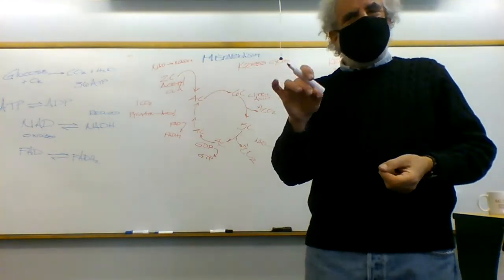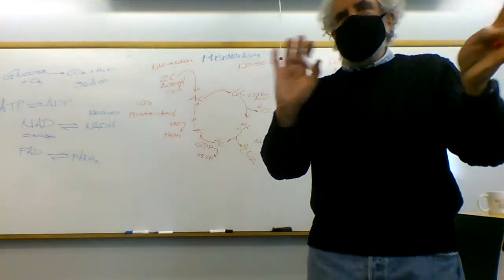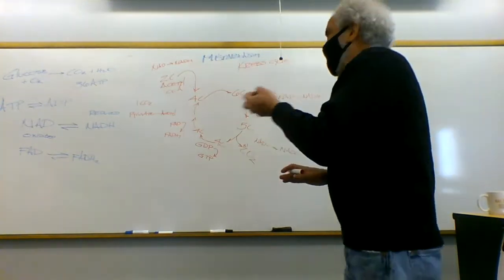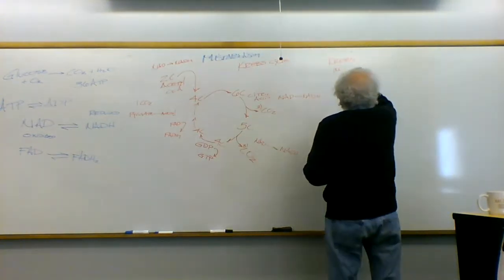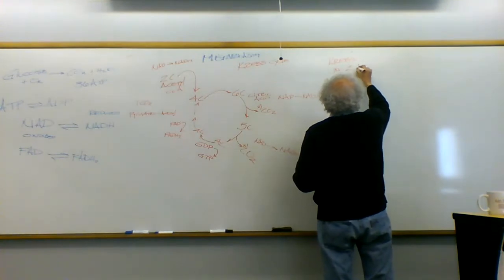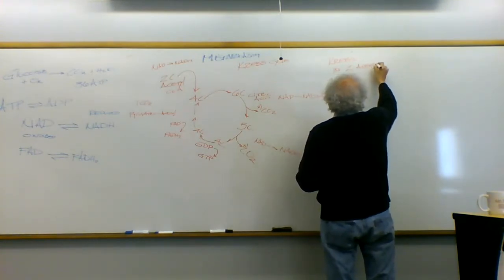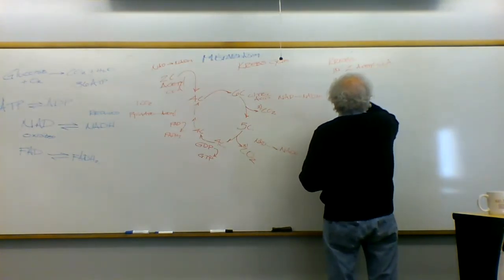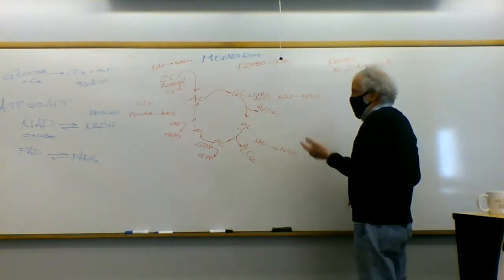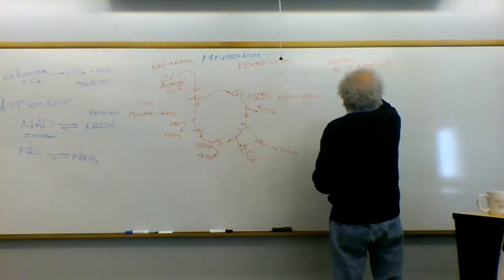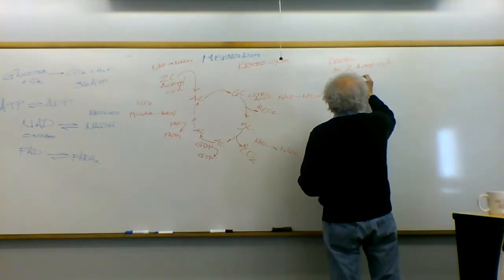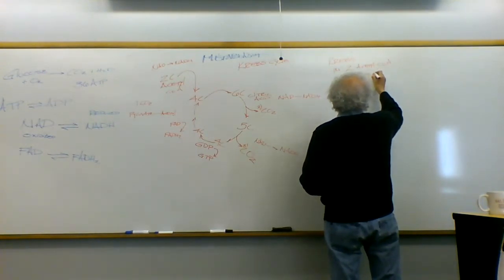That's not quite as official, but it does make the story simpler. However you like to do it, it's fine with me. What goes in specifically to the Krebs cycle is the 2-carbon acetyl-CoA.